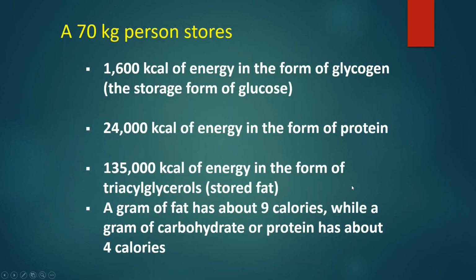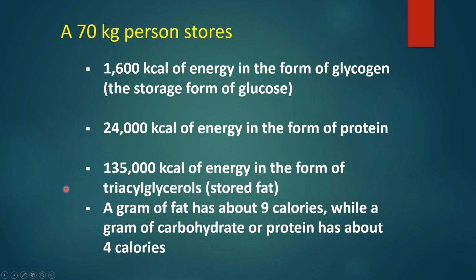So why lipids as a storage depot? Why do we prefer them? Why do we store fat? The reason is that on average a 70 kilogram person stores around 1600 kilocalories of energy in the form of glycogen, 24,000 kilocalories of energy in the form of proteins, and a staggering 135,000 kilocalories of energy in the form of triglycerols or stored fat.